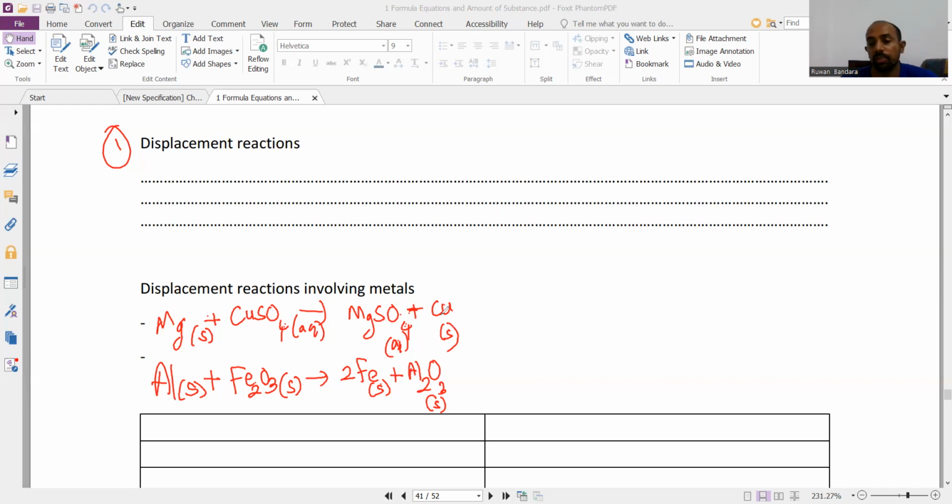Shenaz, what do you think? So what we see, right? So copper loses sulfur and magnesium gains. But is that the same in the second reaction?